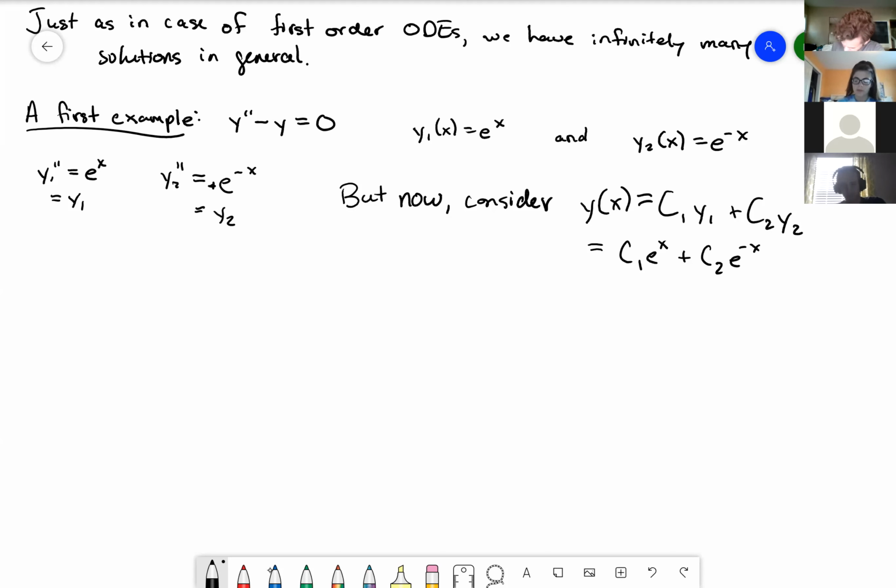So if we take y prime of x, well, we just get C1 times the derivative of e to the x, e to the x, and then plus C2 e to the minus x, and then this becomes a minus because of the derivative of what's inside by the chain rule.